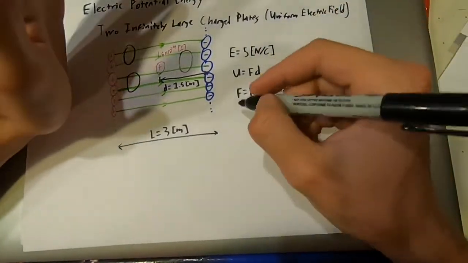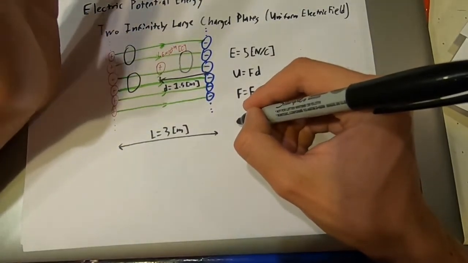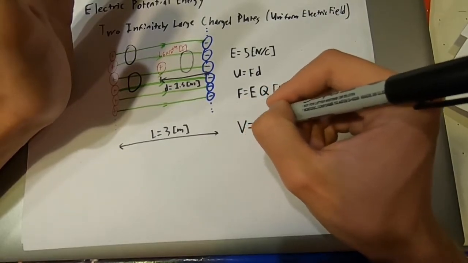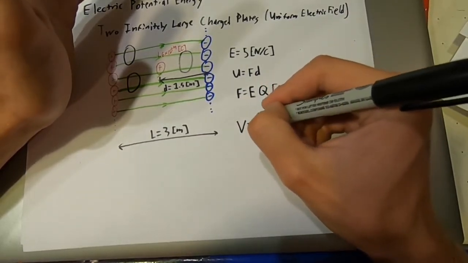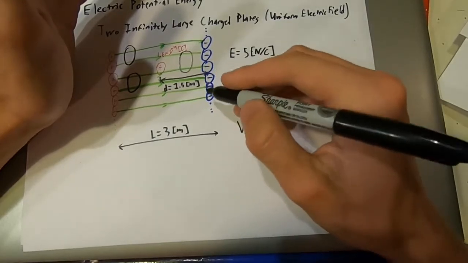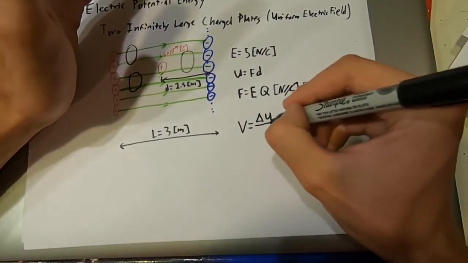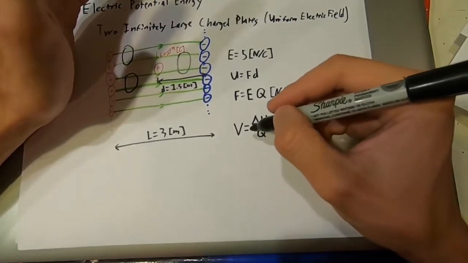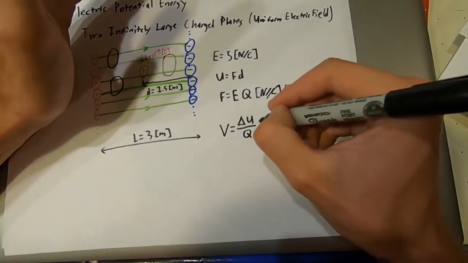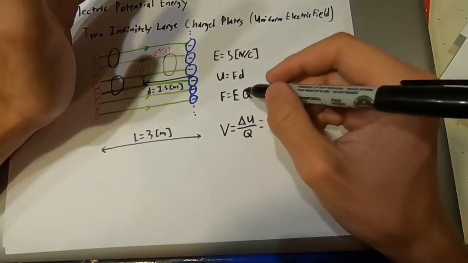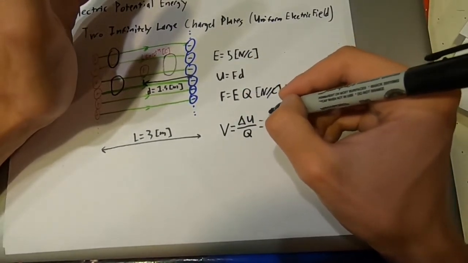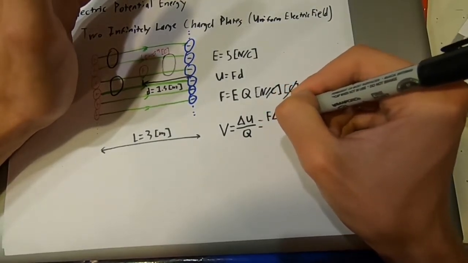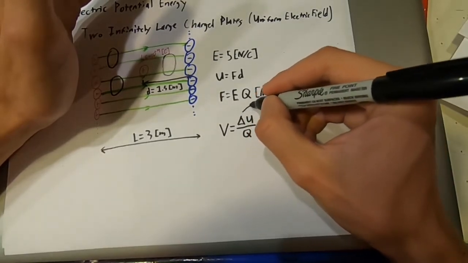So anyway, let's say we're trying to measure the voltage here, so V, which is the change in potential, which is what we're trying to calculate here, over the charge Q. So this can be rewritten as force times our change in distance, right? Because we have to have a change here.